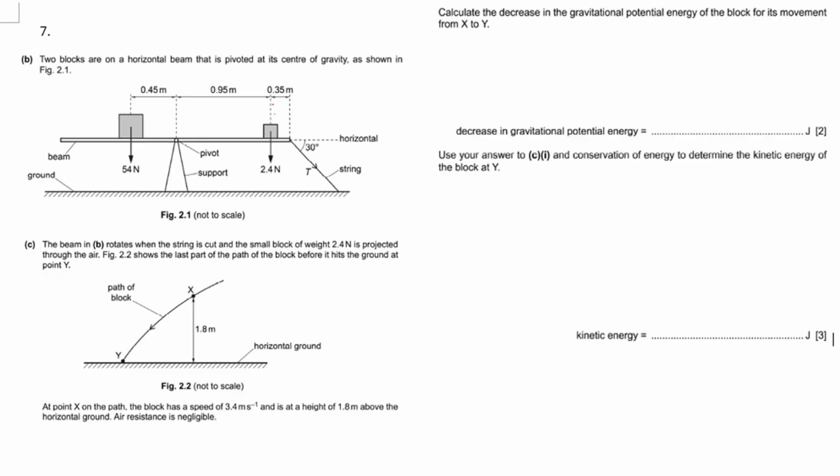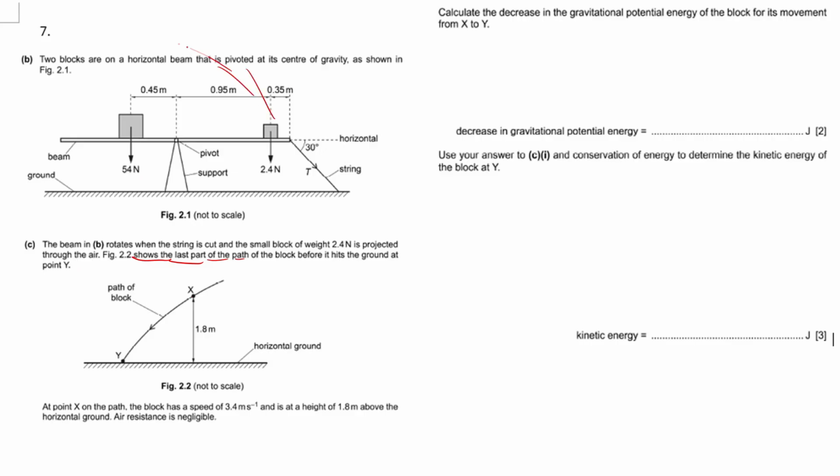Okay, so the string here is cut, and then it gets thrown. It's projected through the air, so I'm guessing, yes, okay. It shows the last part of the path of the block before it hits the ground at point W.